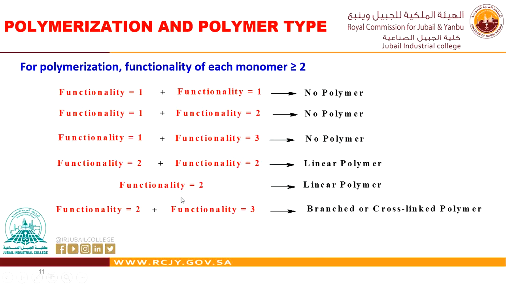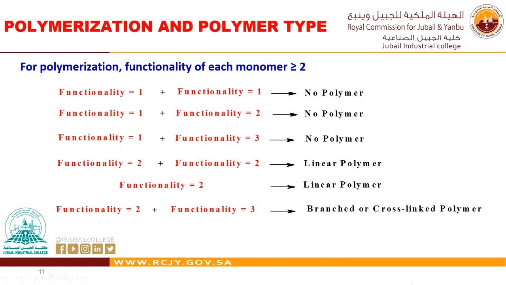Similarly, you can have ethylene glycol. Ethylene glycol contains 2 alcohol groups. It can combine with another ethylene glycol to form polyethylene glycol, and that will give a linear polymer. If you have functionality equal to 2 plus functionality equal to 3, it's going to give a branch polymer, but in some cases it also gives what?